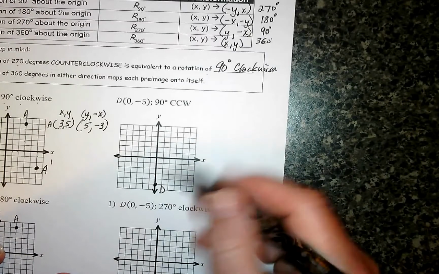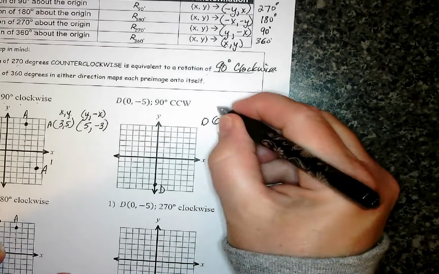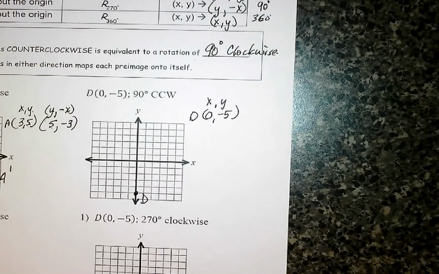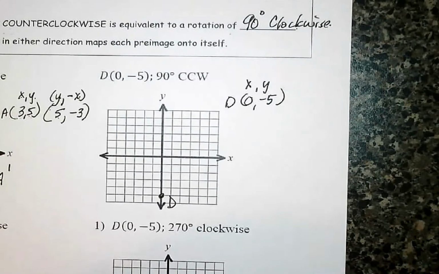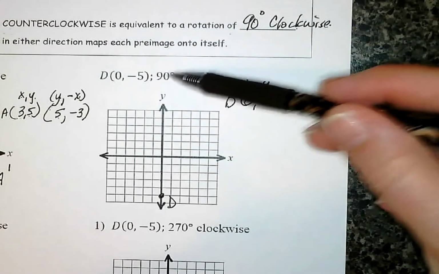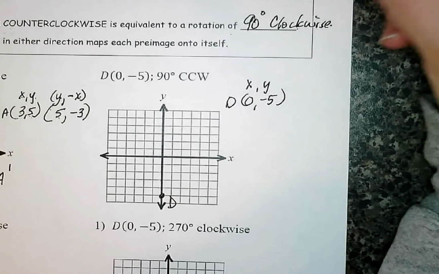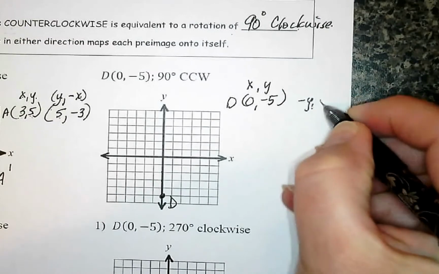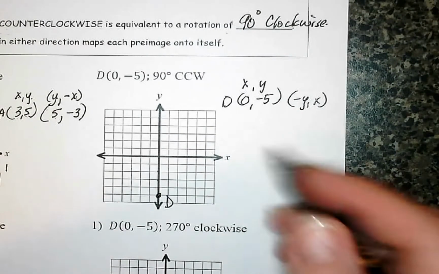Here's my point D. It's at 0, -5. Okay, again, that starts as my X and my Y. And I want to rotate it 90 degrees counterclockwise. So here's my counterclockwise, 90 degrees, opposite Y, comma, X. So it's just manipulating the X and the Y's around.